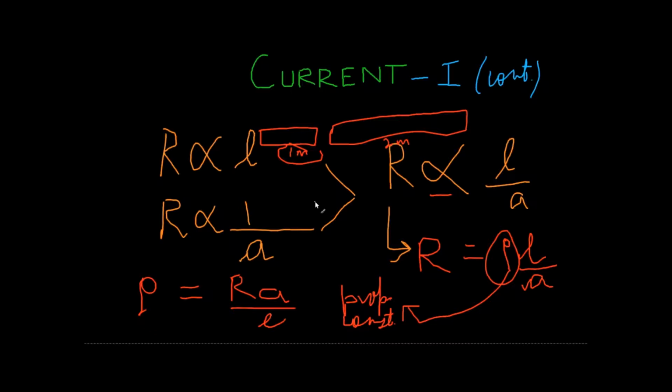Guys, why I'm rushing through this is because we will be uploading worksheets also, and if not uploading, then we will be giving some material later sometime. Then we will be solving such questions also, and we do expect you to be looking at your books at this point of time. So, guys, resistance and resistivity, I hope you've understood this. Conductivity is just like conductance, and conductivity is the reciprocal of resistivity.